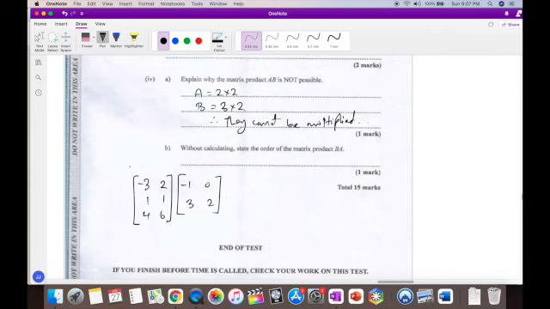Now at the end of the day, this is a 3 by 2, and this is a 2 by 2. So state the order of the matrix. You don't actually have to calculate anything. So we could see here that once these two are the same, the order of the answer will be these two. This would be a 3 by 2 matrix, right?